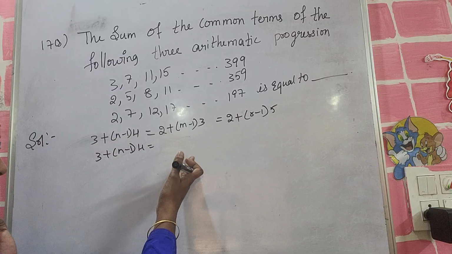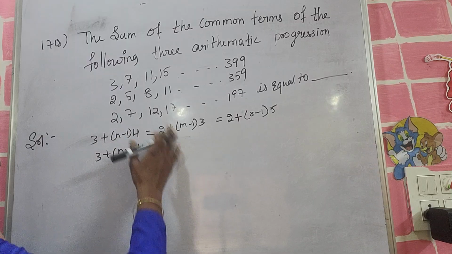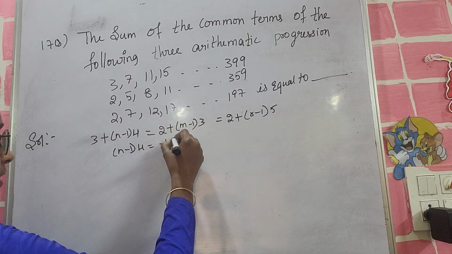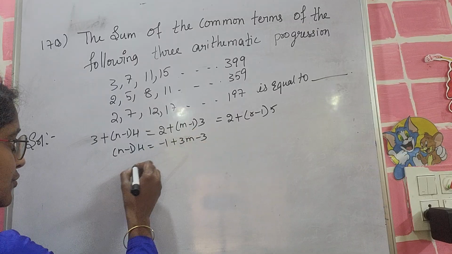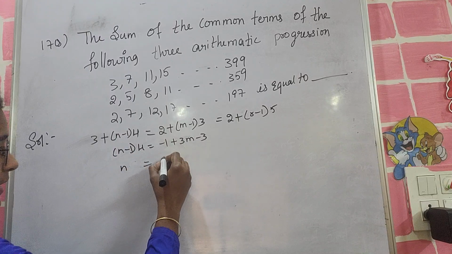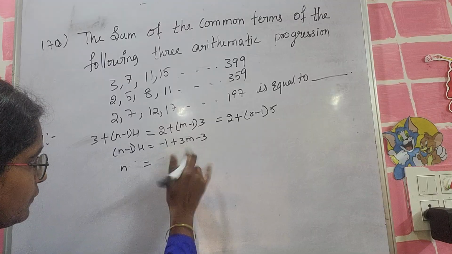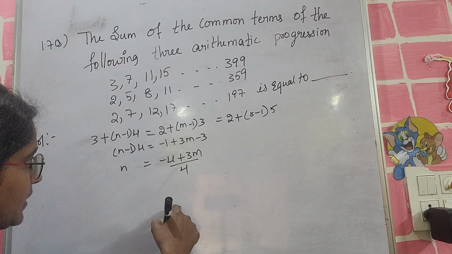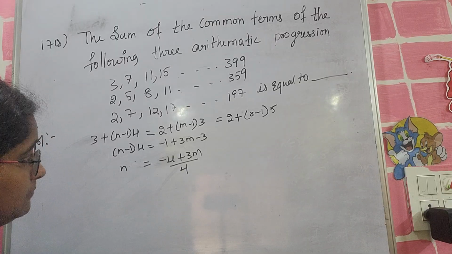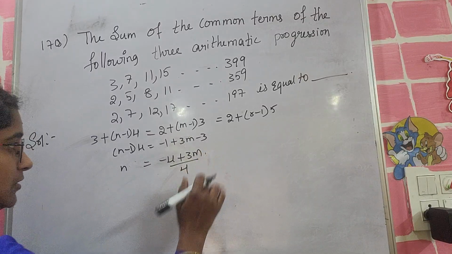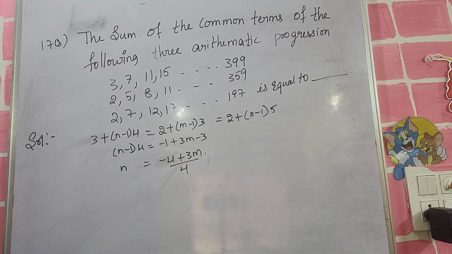If I send 2 that side, it will be 3 minus 2, which is 1, so n minus 1 of 4 equals 3m minus 3, so sending things across, 4n minus 4 plus 1 equals 3m minus 3, and by 4, minus 1.